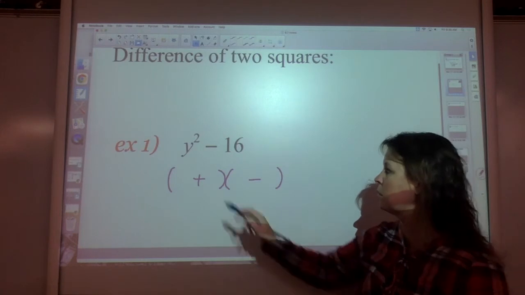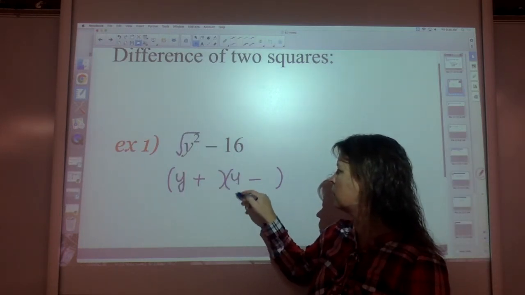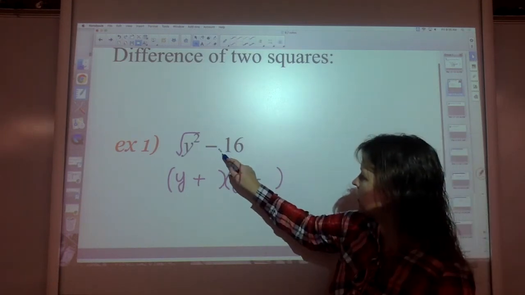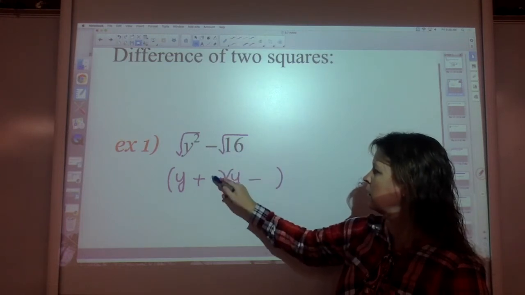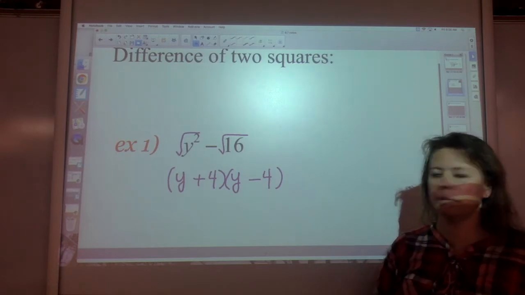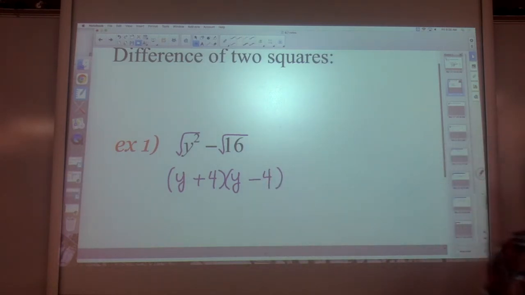How do you decide which one is which? If I square root this number, I get a y times a y. Y times y is y squared. If I square root this number, again, tuck it inside there past the negative, the square root of 16 is 4 and 4. Don't believe me? Check it. Distribute that back out using the FOIL method, and I bet you'll get y squared minus 16.